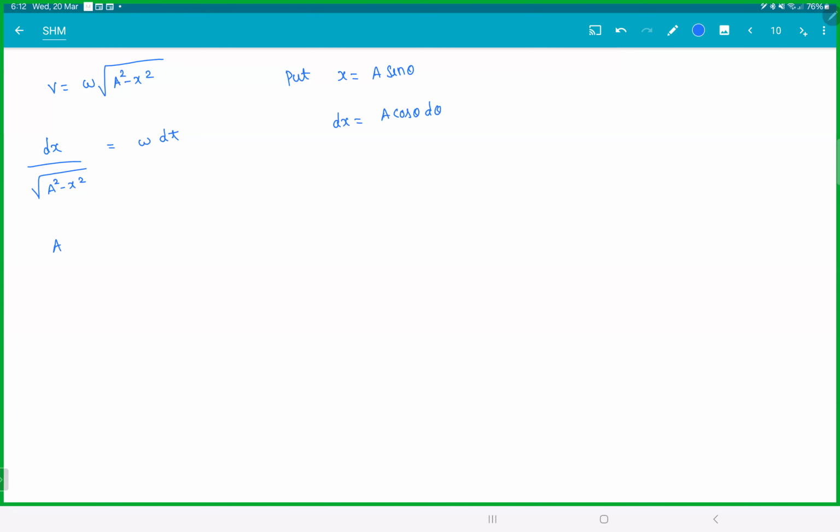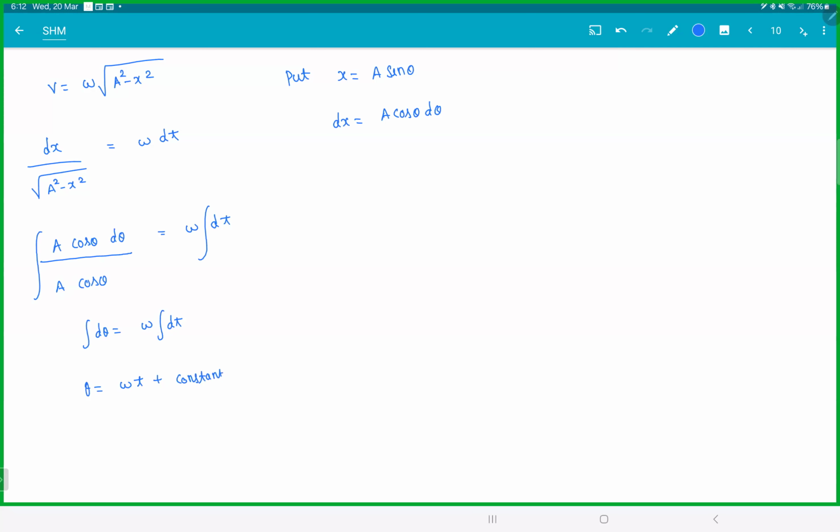Substitute: a cos theta d theta by a cos theta is equal to omega dt. Now integrate on both sides. The a cos theta cancels off. You get integral d theta equal to omega dt. You end up with theta equal to omega t plus some constant.